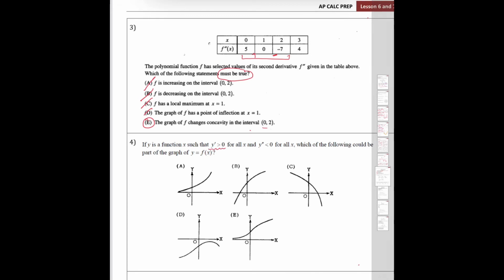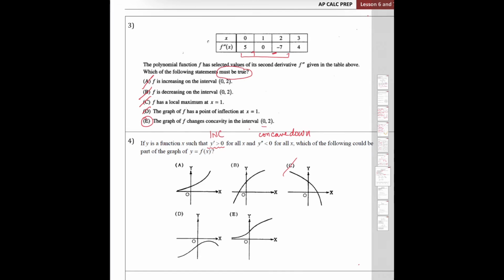Number 4 is asking us to find the graph of the original function, and it's giving us that the first derivative is greater than 0, which means it's increasing, and your second derivative is less than 0, which means it is concave down. It has a sad face. So it's increasing, so automatically my choices C and D are out, right?